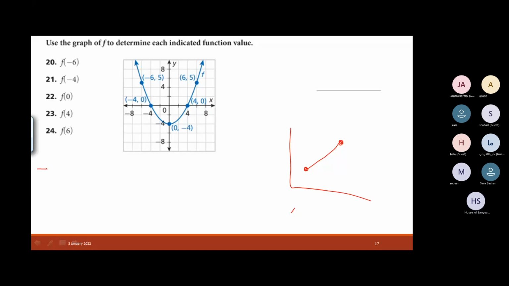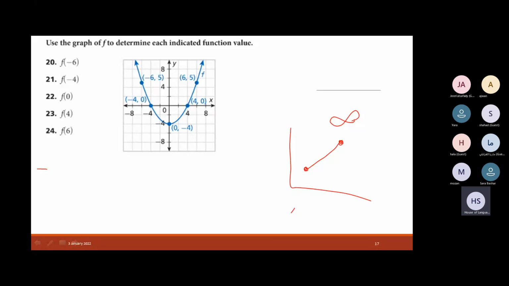It's open. So we will say that the domain here is from negative infinity to positive infinity. Do you know what infinity is? It's like this. Later on I will tell you how I know from negative to positive.